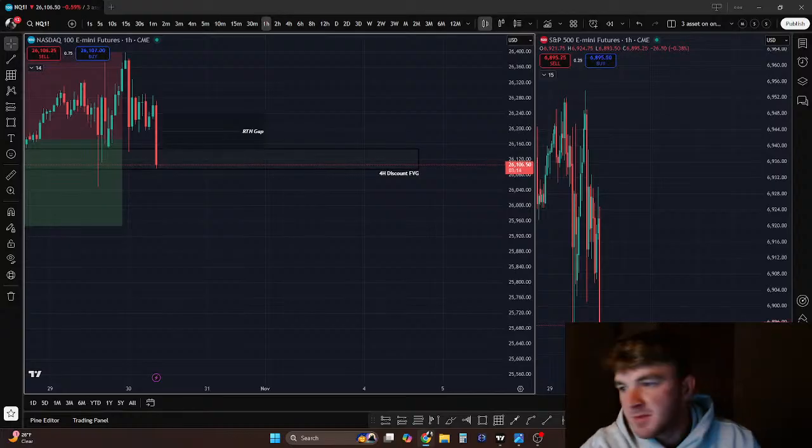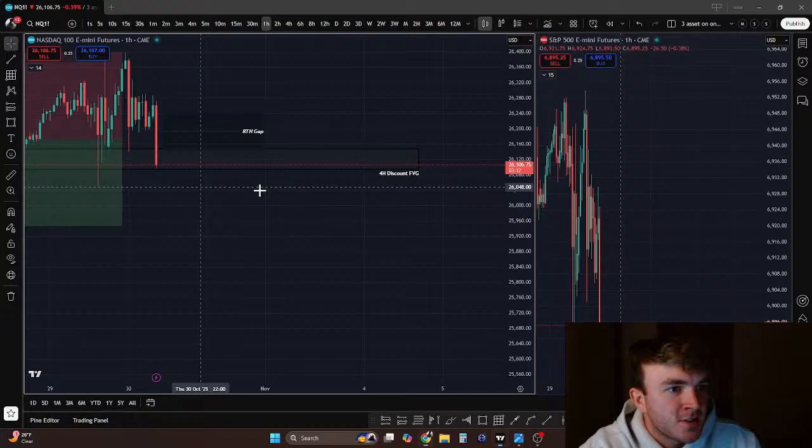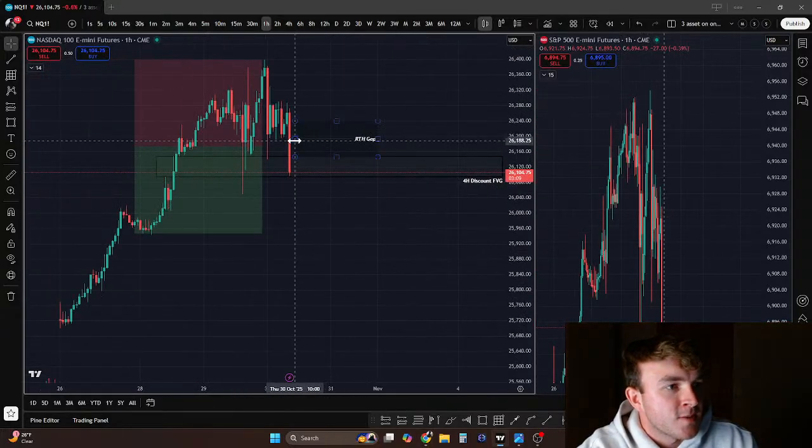Let's go to the lower time frame chart and see if there's anything interesting. Okay, first let's screenshot this and put it in the Discord.